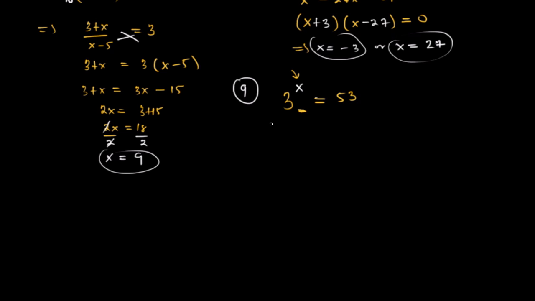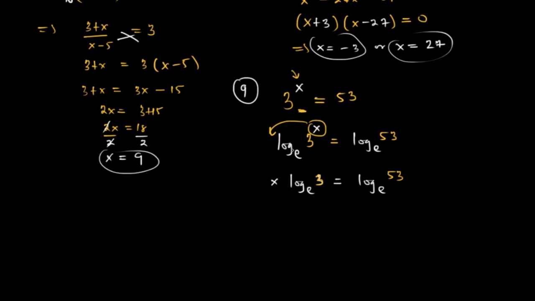What we're going to do is take the natural logarithm of both sides: the natural logarithm of 3 to the power x equals the natural logarithm of 53. You observe you have three things in a row, so we can displace the exponent to the front. That's why you have x times the natural logarithm of 3 equals the natural logarithm of 53.